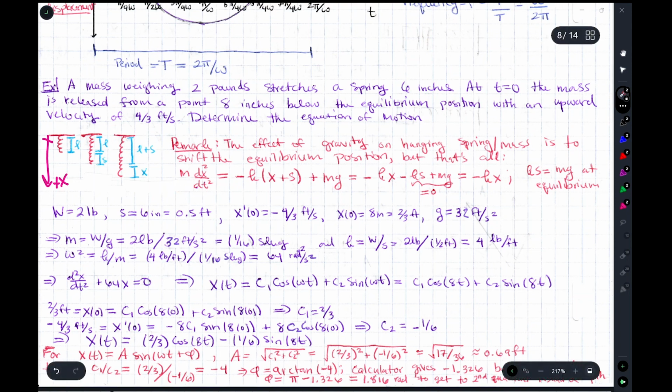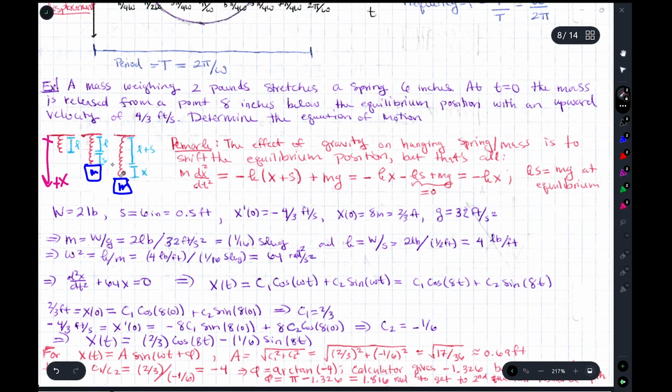And you could see that here. If this spring has natural length L, we put a mass on there, and it stretches S. So here now we have a mass on here. And we consider x to be what it stretches beyond L plus this extended length due to the force of gravity.